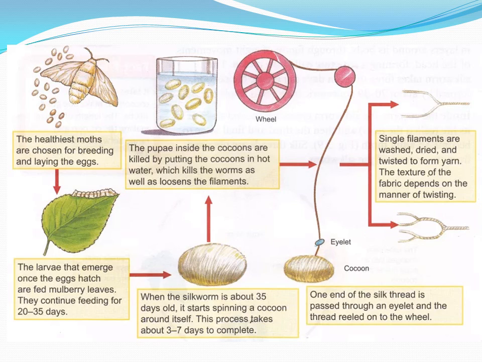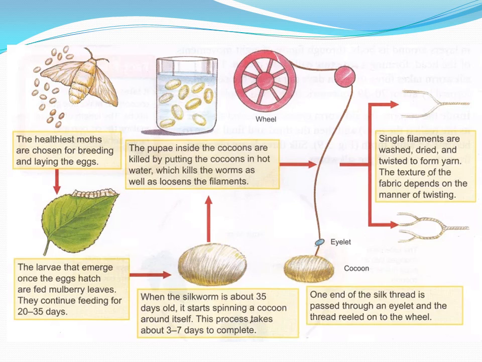This process of spinning a cocoon takes about 3 to 7 days to complete. Now, when many such pupae develop inside the cocoons, these cocoons are collected.